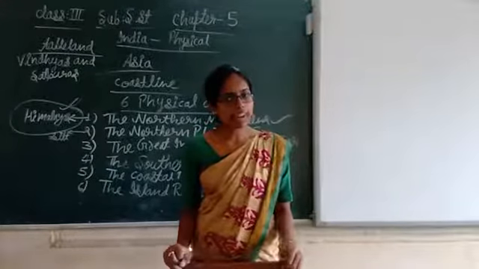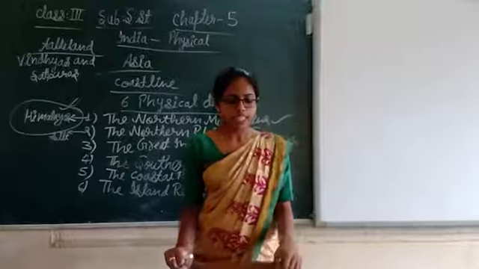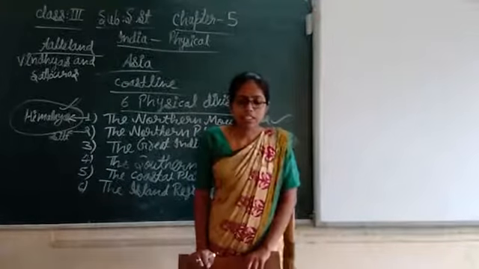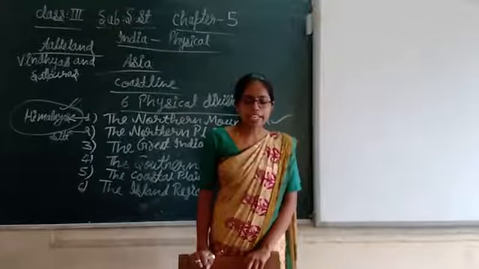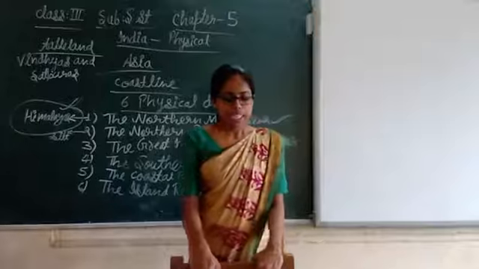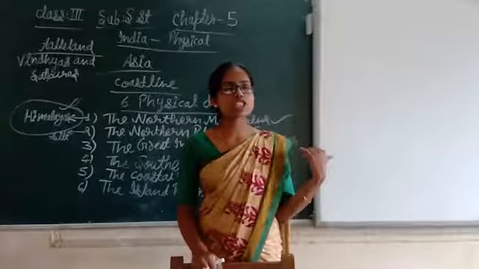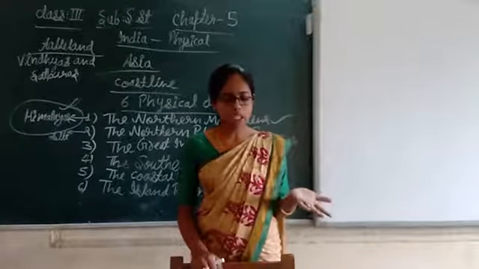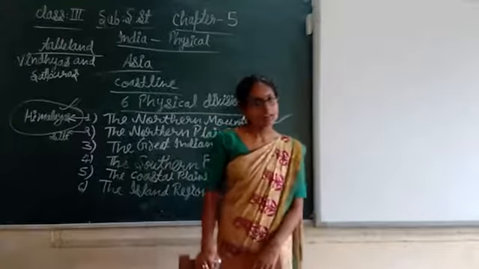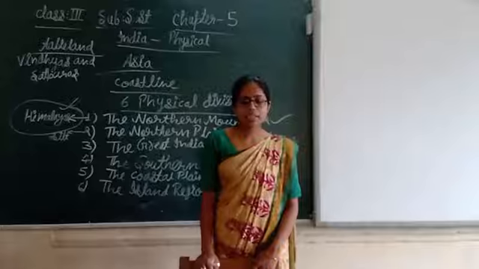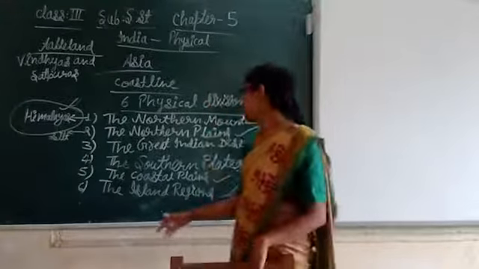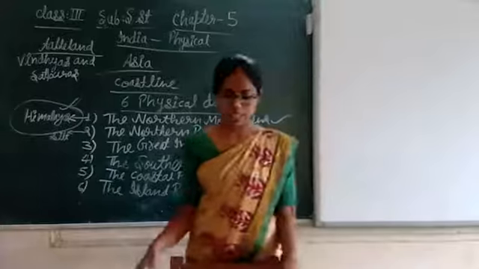They are also part of our country, India. The Andaman and Nicobar Islands lie in the Bay of Bengal on the eastern side, and the Lakshadweep Islands lie on the western side in the Arabian Sea. The climate here is moderate, just like the coastal plains.